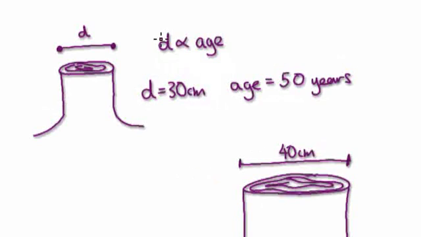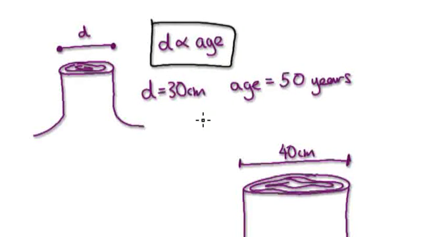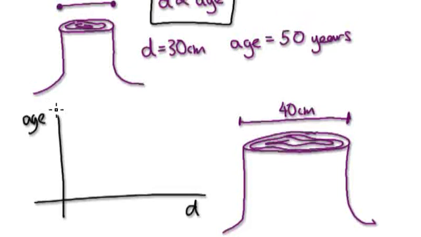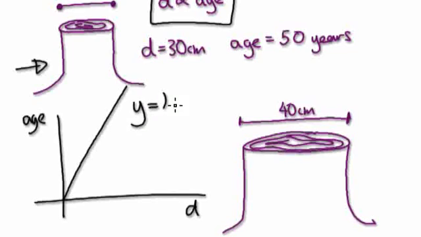As soon as we know D is proportional to age, we can visualize this graph, where this is D, the diameter, and this is age. Just looking at this, we know it's going to be a straight line. Let's just draw it like this. The equation of this line will be y equals kx. Now we just got to work out this k.